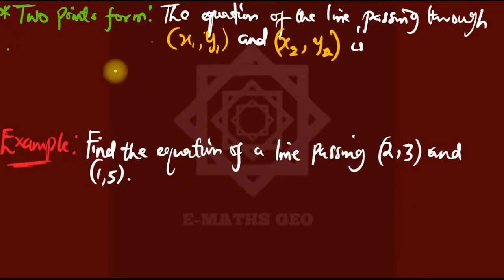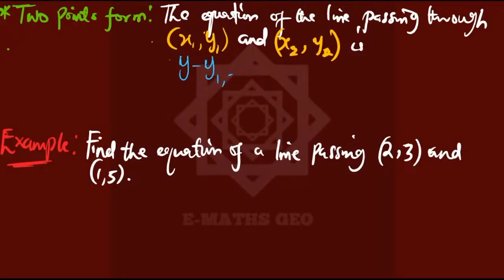Okay. We're on the fourth form of the equation of a line. We've done the first three. In this case, we'll be given 2 points, as you can see, x1, y1, x2, y2. Therefore, the equation of the line passing through those points is always y minus y1 or y2, depending on the one you want to use.